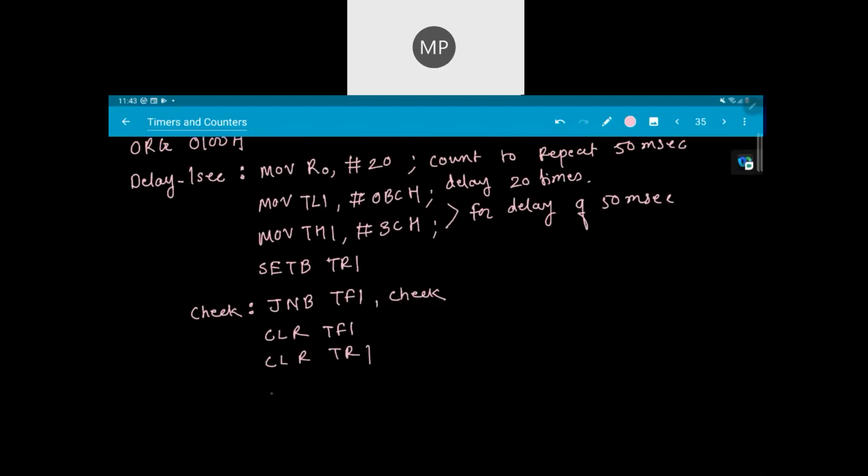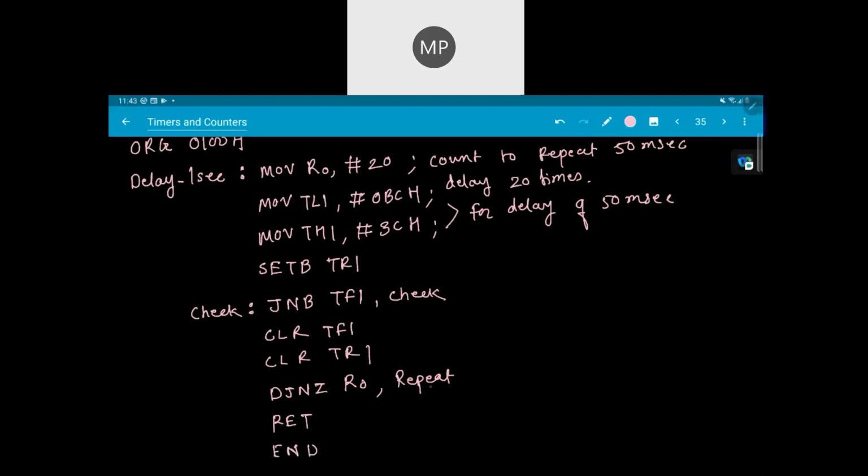So for that we decrement and jump if not 0, which one? R0, and if it is not 0, we'll repeat this loop, and if it is 0, we'll return back to the main program, and here we will end this routine.